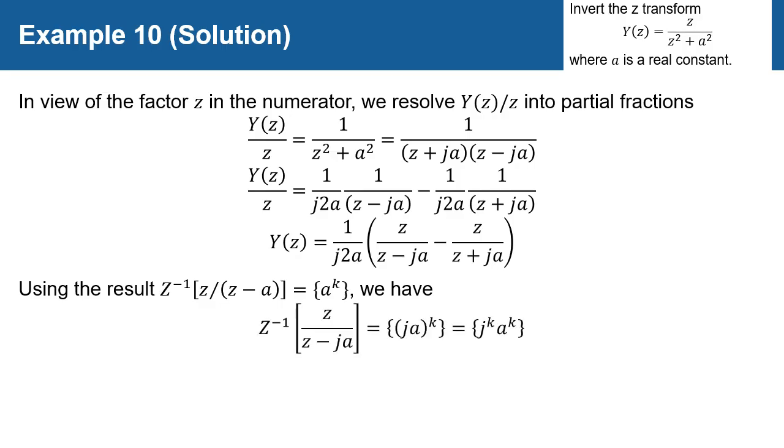We now have the inverse z transform of z over (z - ja) equal to (ja)^k, that is j^k a^k. And the inverse z transform of z over (z + ja) is equal to (-ja)^k, which is equal to (-j)^k a^k.